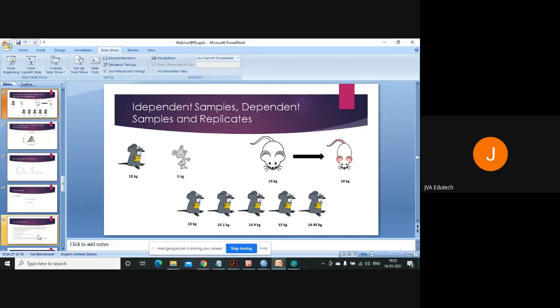Cross-sectional study is when you are studying a phenomenon at one point of time, and longitudinal is when you are studying the phenomenon over a period of time, let's say the stock performance of a particular company over a period of time. Now the company is the same, you are just checking its stock performance over a period of time under different situations. That will be the case of dependent sample. Now this is dependent and independent sample.